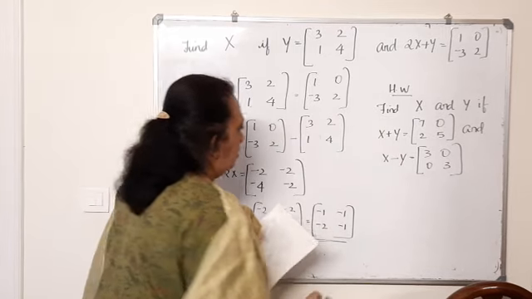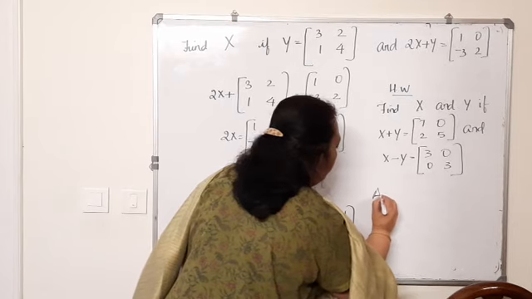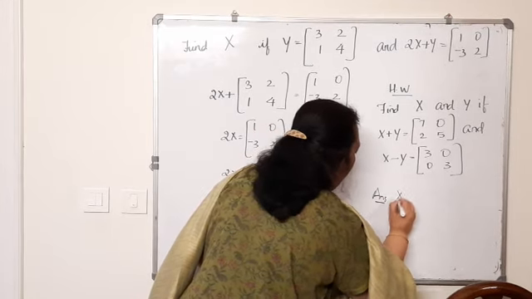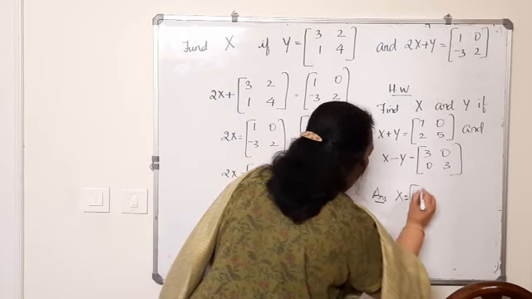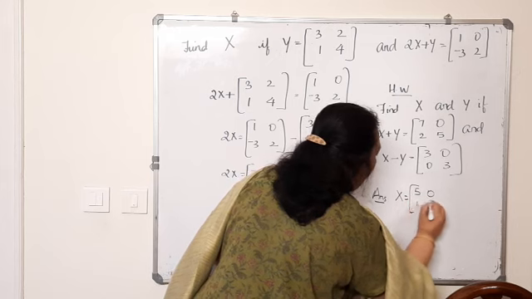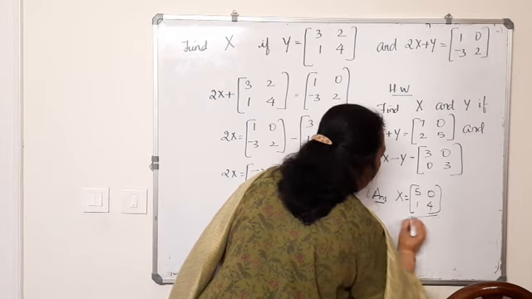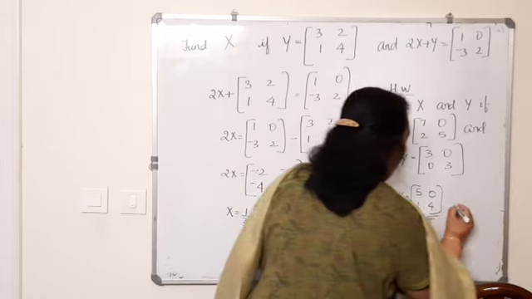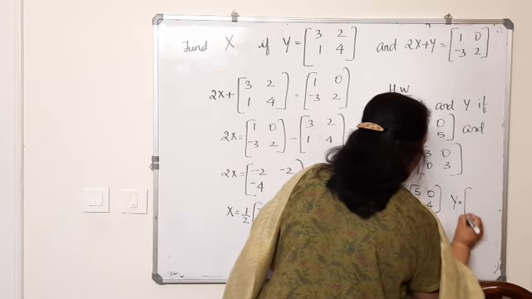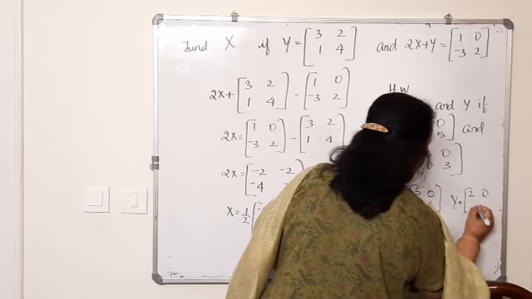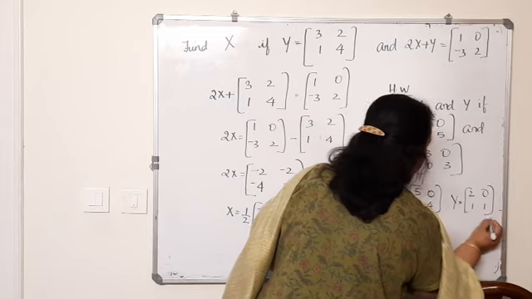So the answer is x is equal to 5, 0, 1, 4, y is equal to 2, 0, 1, 1.